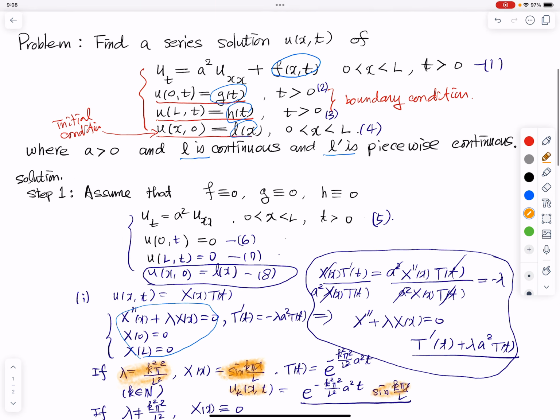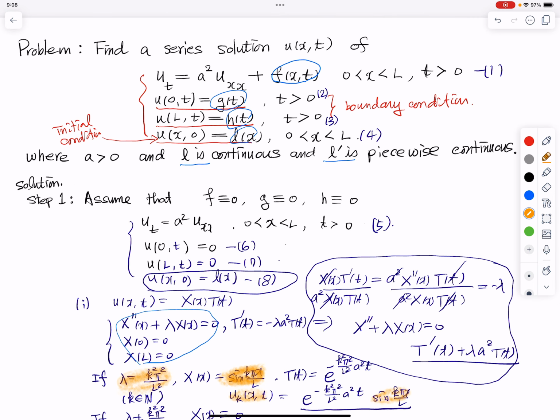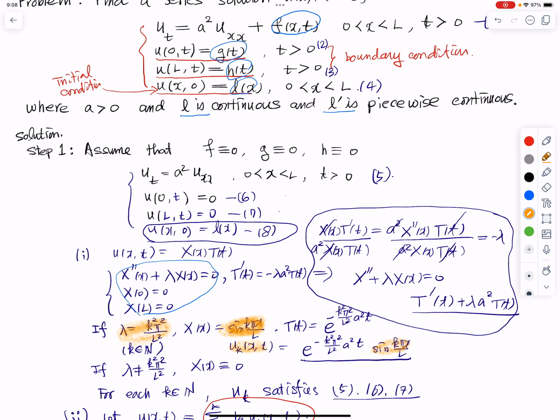Whenever you have this problem, the important part is the solution for X: the eigenvalue and eigenfunction X. That's the most important part.